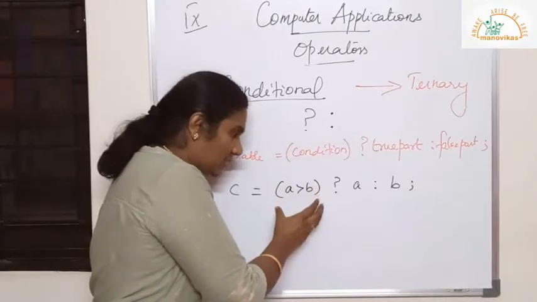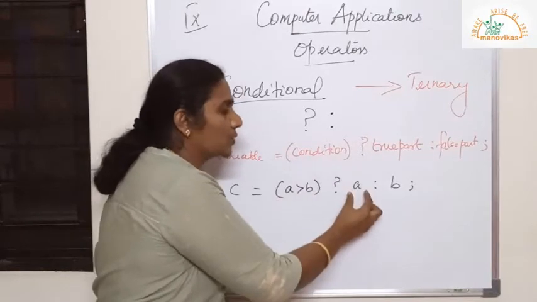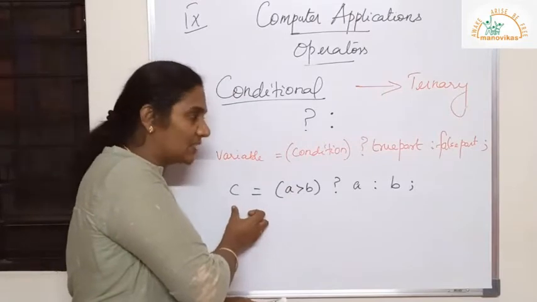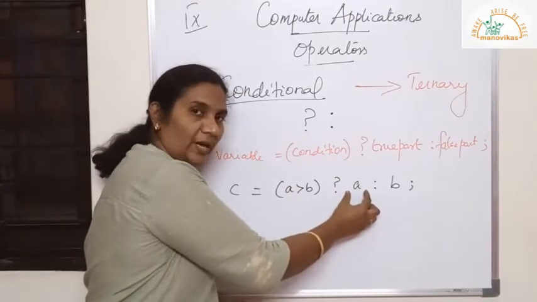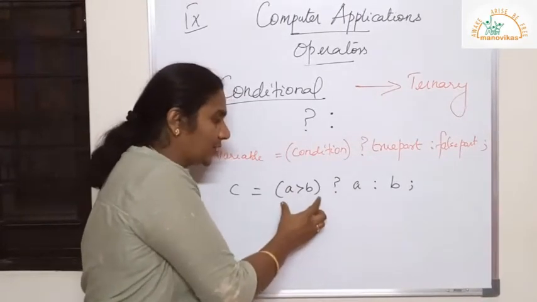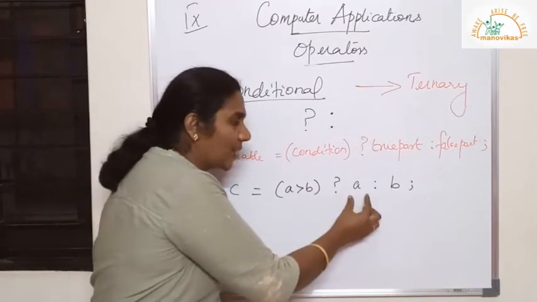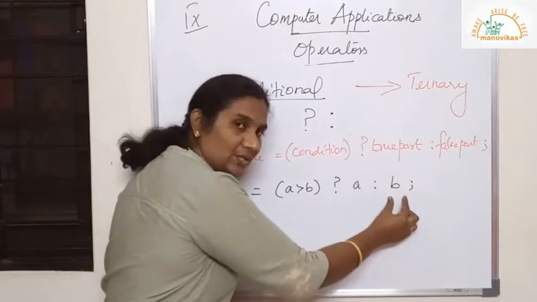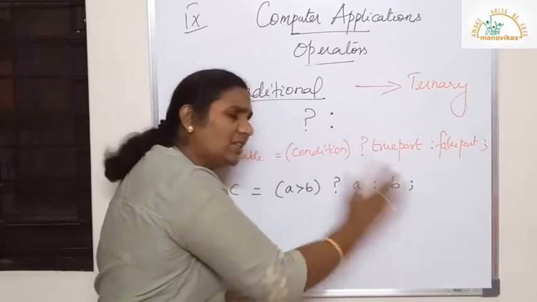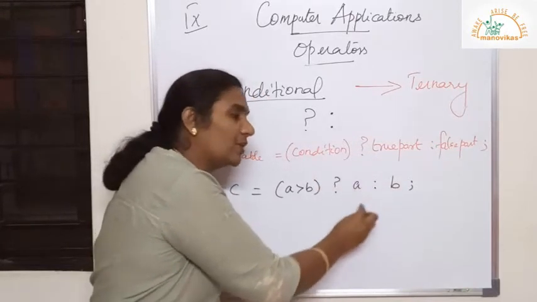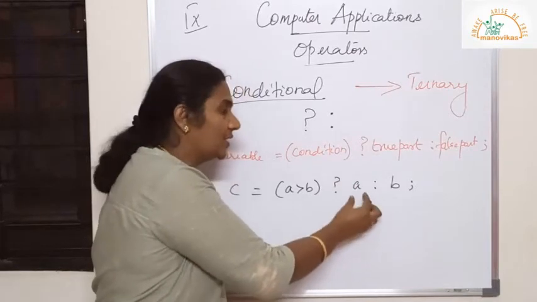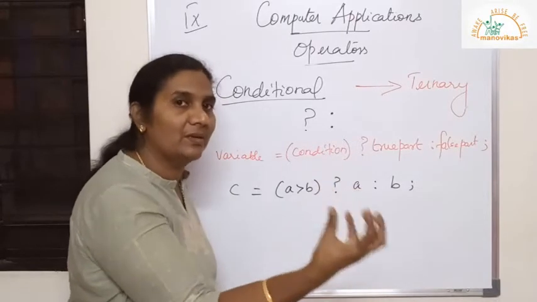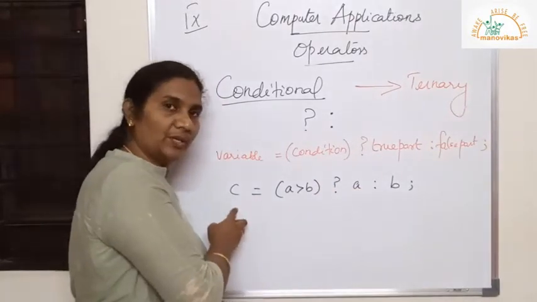If it is yes or true, it goes to this part. So the value assigned to this variable C is this value. If this condition is true, this part will be executed. If it is false, this will be executed. Anything here, if there is some evaluation to be done, that will be done. Here I have just given the variable, that means the value of the variable will be the result, and the result will be stored over here.